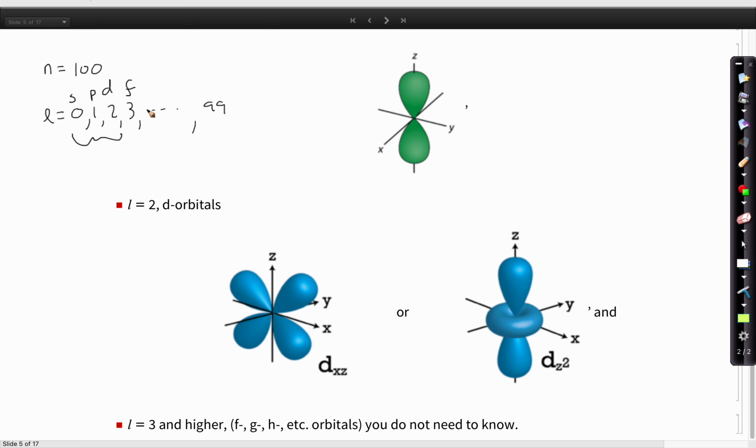No one ever actually goes above g. Really, you never go above f for the periodic table, but sometimes computational chemists will use things called g orbitals occasionally to study molecules. But no one really goes much above g or h, so you don't ever worry about all of these. These are too high in energy.